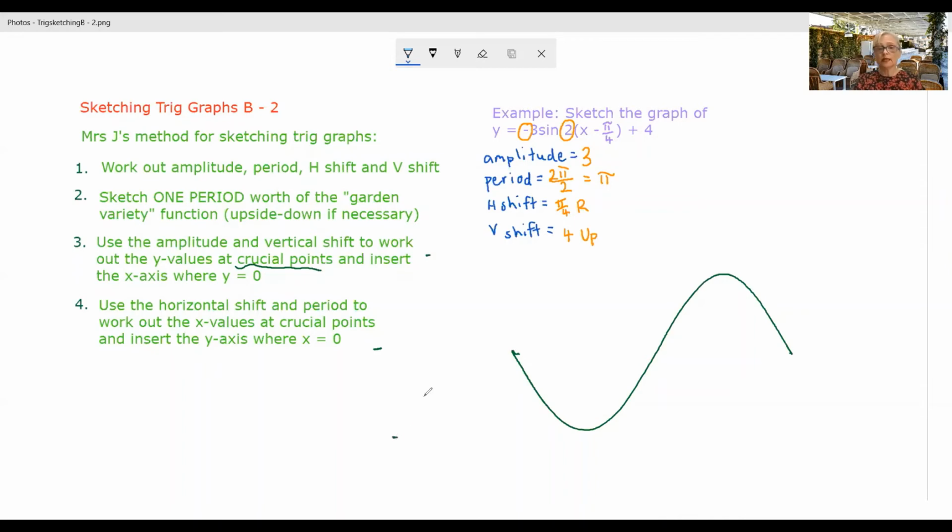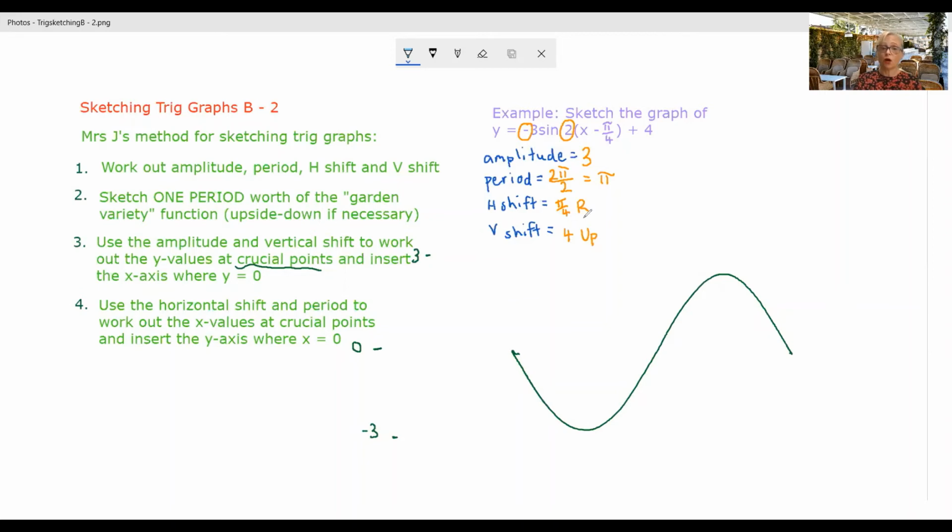So normally, if you have an amplitude of 3, this would be at a y value of 0. Normally, if you have an amplitude of 3, this would be at a y value of -3, and this would be at a y value of 3.